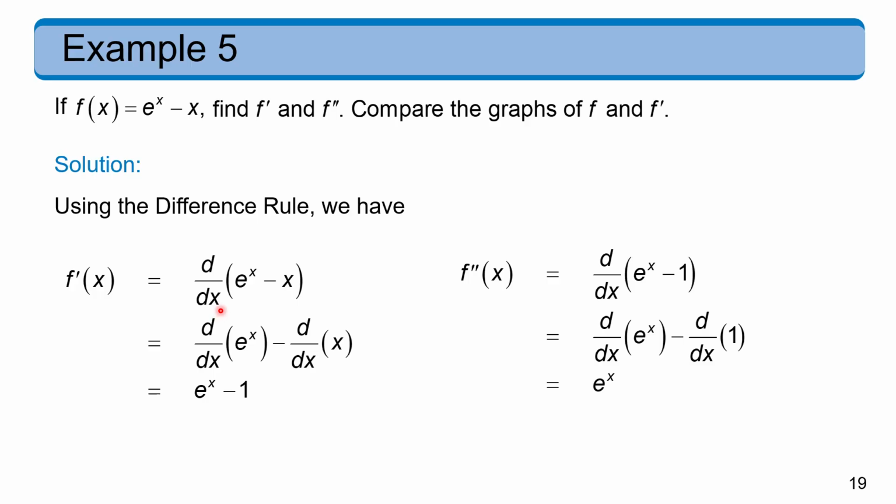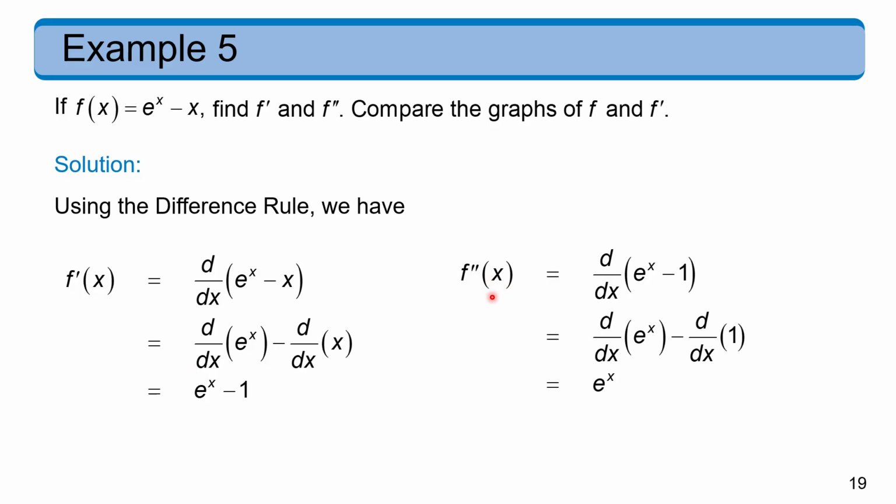So we have the derivative of the given function, which is a difference, and we know we can split that up over the difference: derivative of the first term minus derivative of the second term. We just learned the rule that the derivative of e to the x is itself. And then we've seen earlier the derivative of x is 1. So this is our formula for f prime of x.